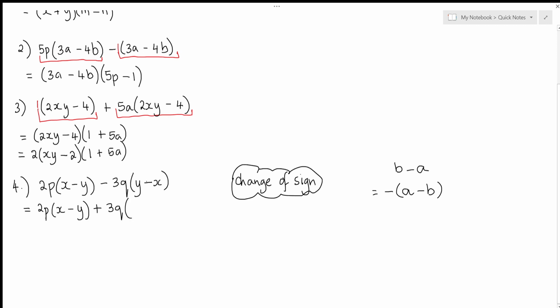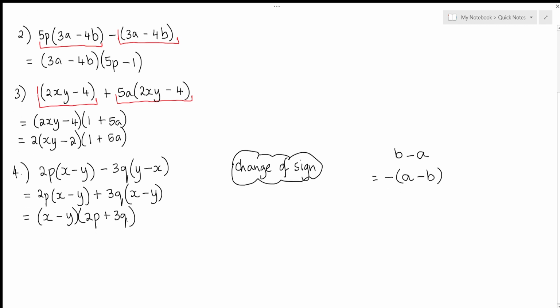And in your brackets, that negative now is a positive, and the positive there is a negative. Okay, so now we have your like terms, and we can take a common factor of x minus y. So here we're going to have x minus y, and left in my first term, I'm going to have 2p plus in the second term, it would be 3q. Okay, so let's try another one. Number 5.